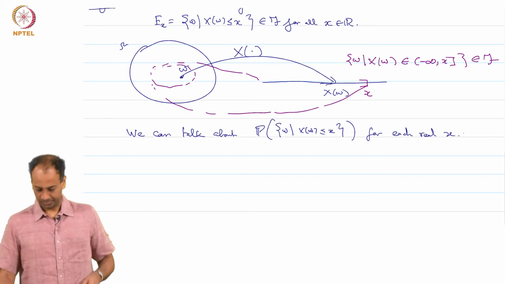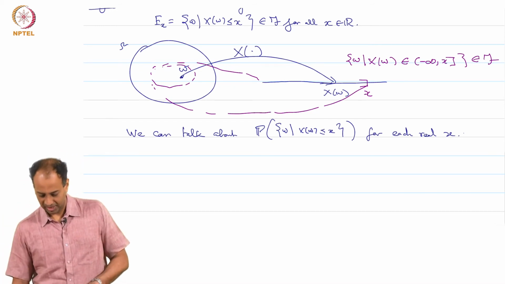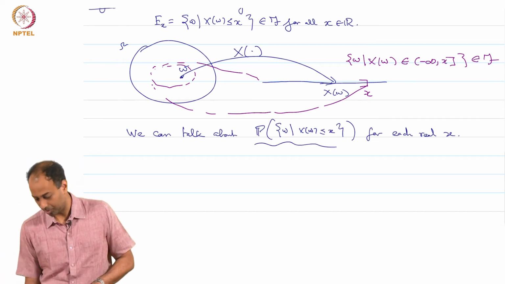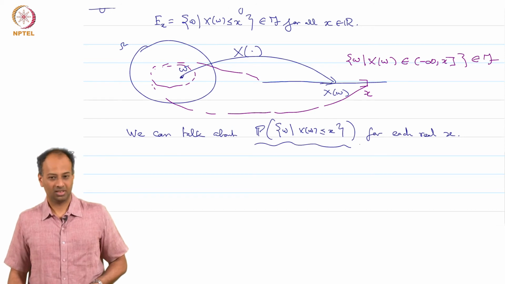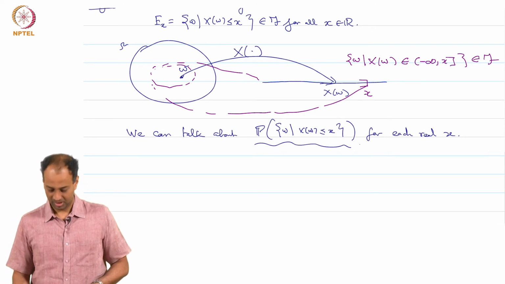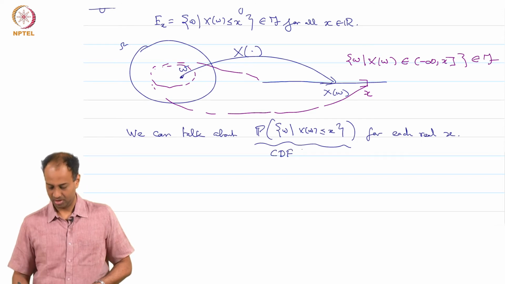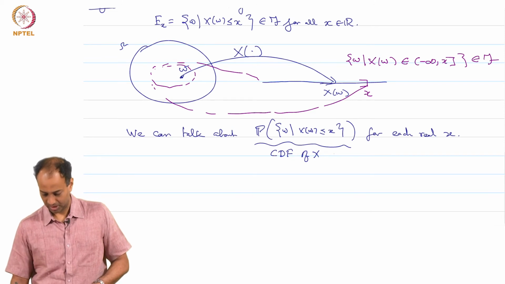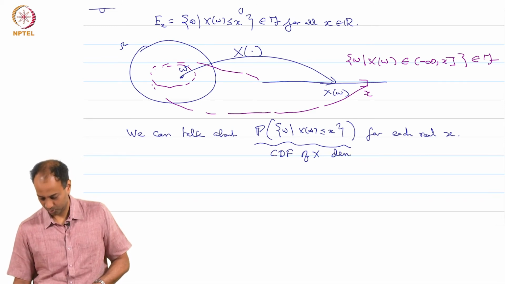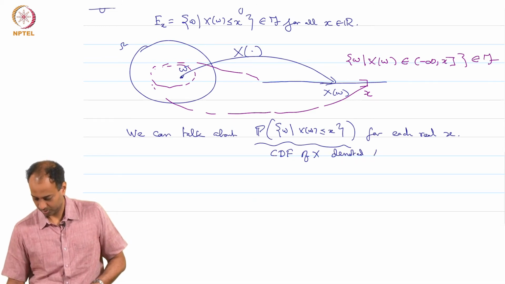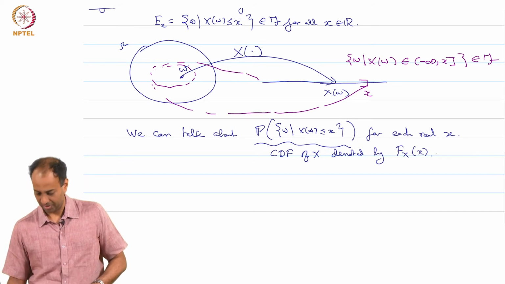Okay. Now, this guy is very important in probability. What is this? This is the CDF, right. This is the cumulative distribution function of X. It is denoted by F_X of little x.